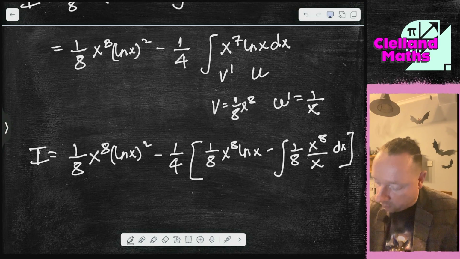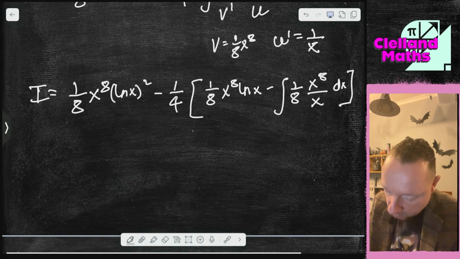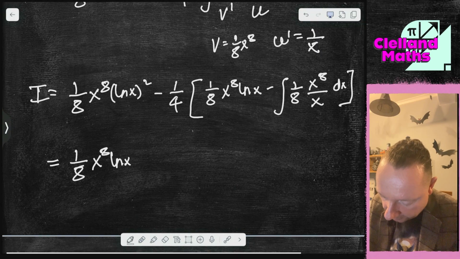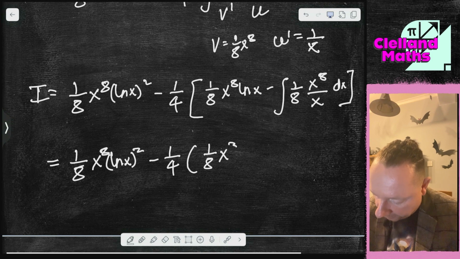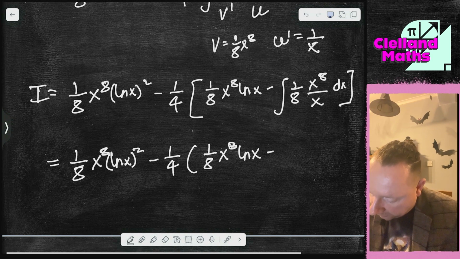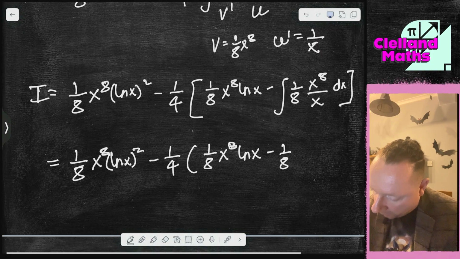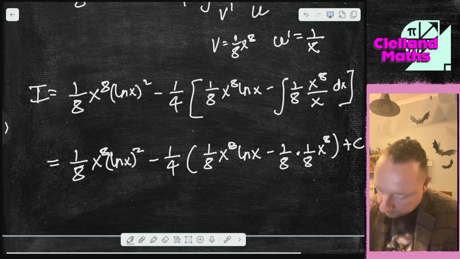So that's actually now going to be doable. So we then get 1/8 x to the 8 log of x squared minus a quarter of 1/8 x to the 8 log x, and minus an 1/8 of, well, x to the 8 over 8 is x to the 7, so that integrates to 1/8 x to the 8, and we'll have some sort of c on the end.